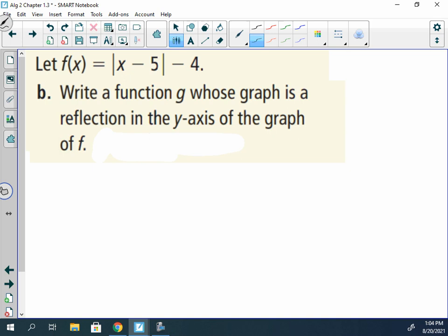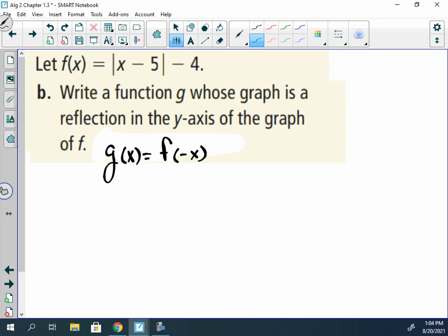Let's look at this one here. We want to write a function g whose graph is a reflection in the y-axis of the graph of f. So we're looking at g of x is equal to, well, a reflection in the y-axis is our f of negative x.